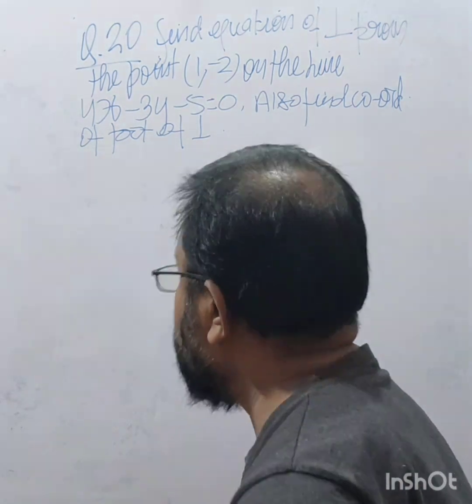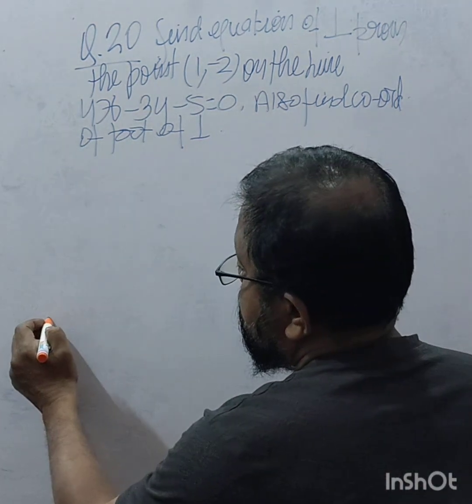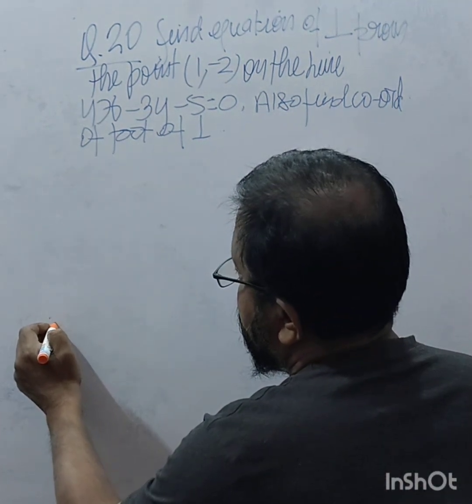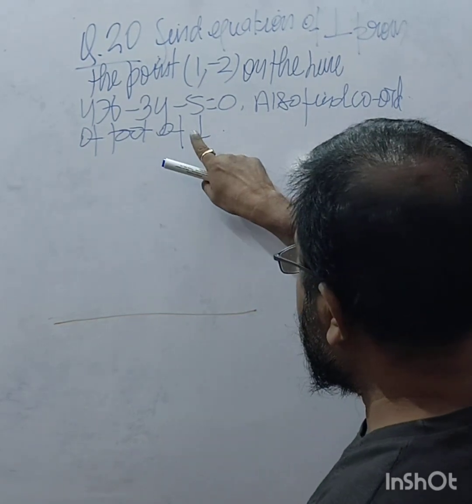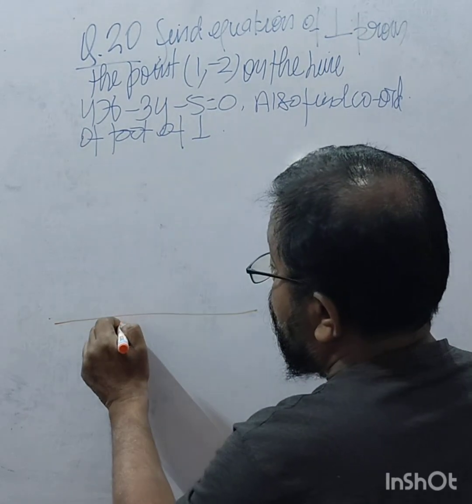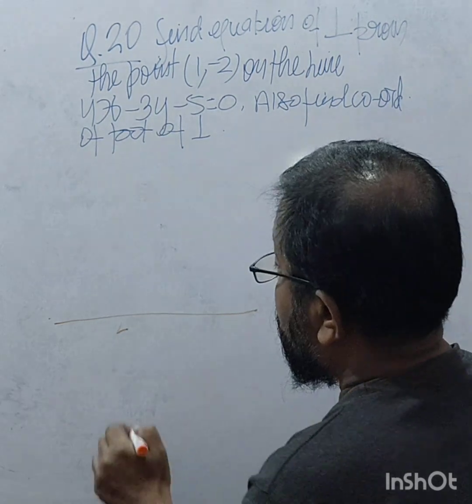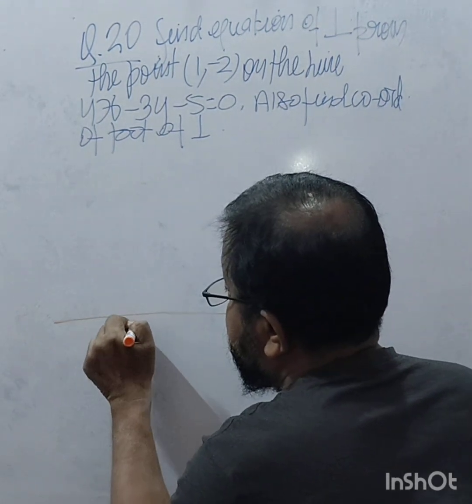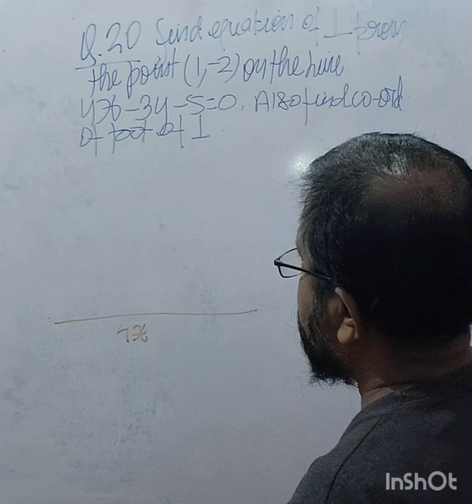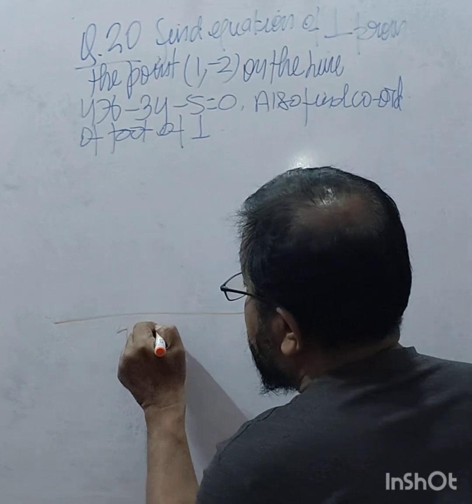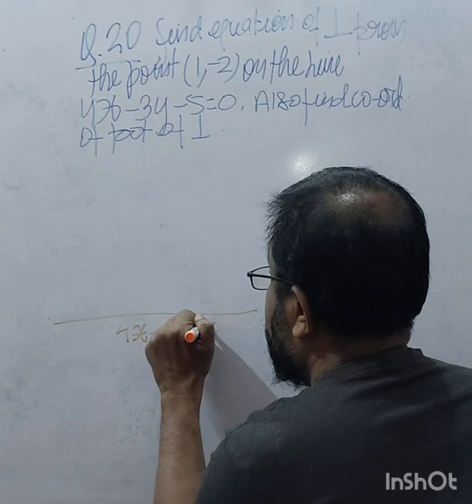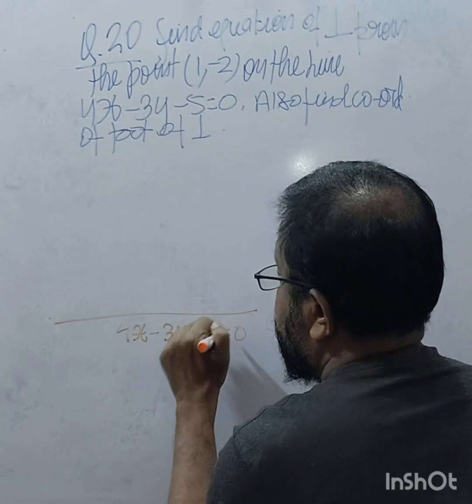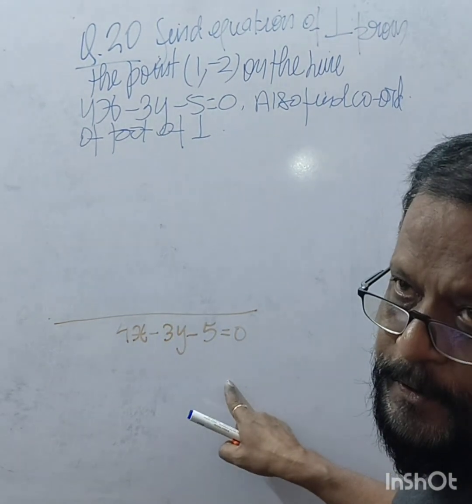So first, suppose this is a line which is following the equation 4x minus 3y minus 5 is equal to 0. This is the equation, right?